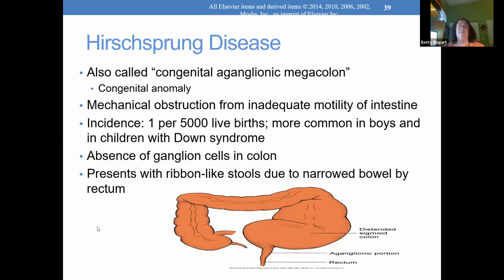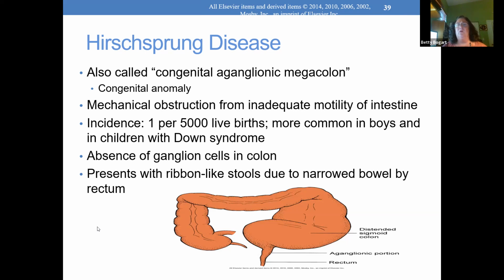Okay, so Hirschsprung's is one of those diseases that you might find at birth with no stool in 24 to 36 hours. So Hirschsprung's disease, this is a picture of your large intestines, the ascending, transverse, and descending colon. And that little tiny thing that's hanging out goes right to the anus, okay? Now, it's called a congenital aganglionic megacolon.